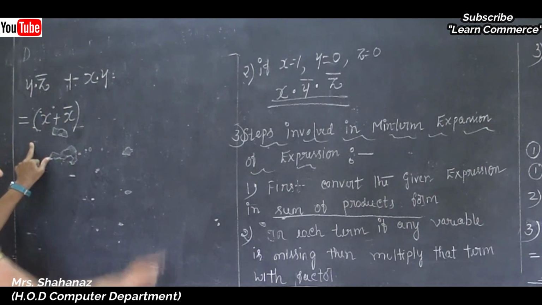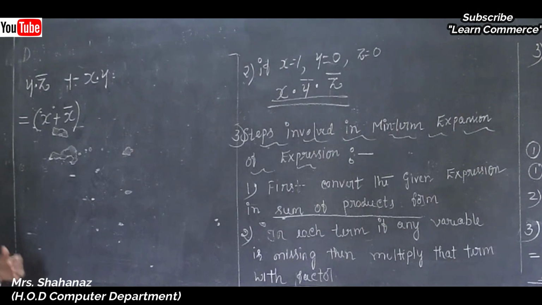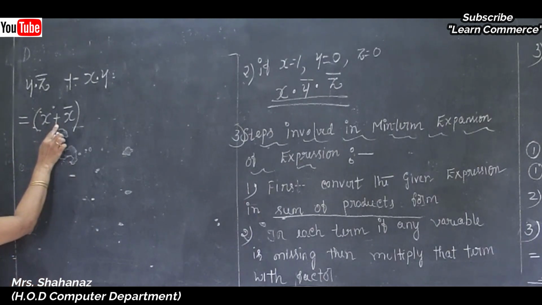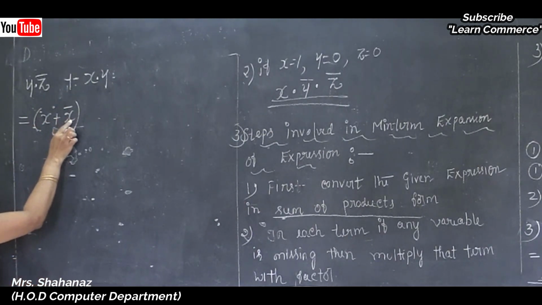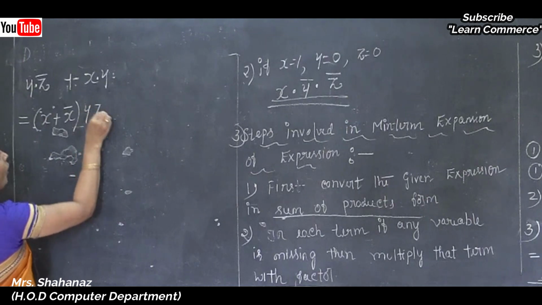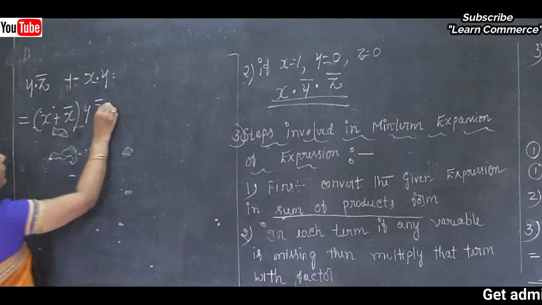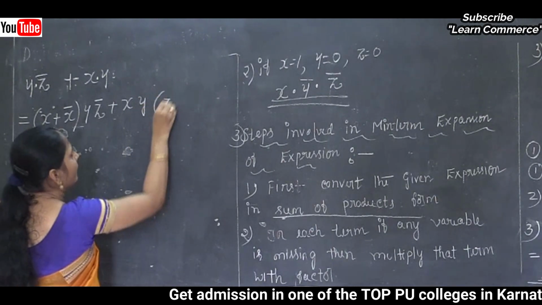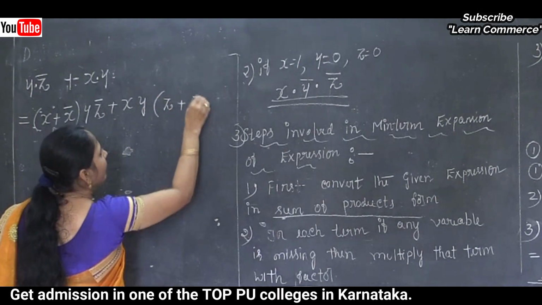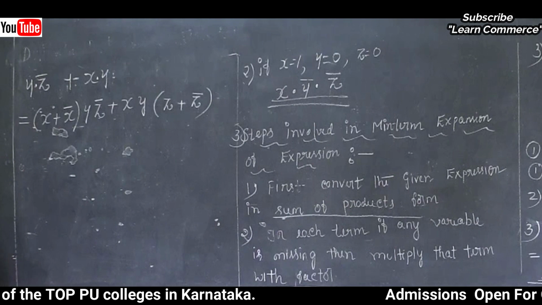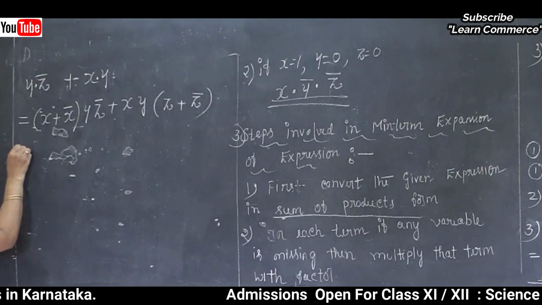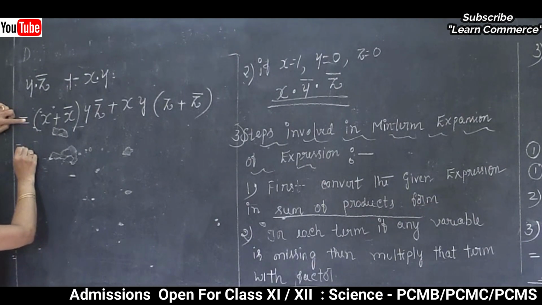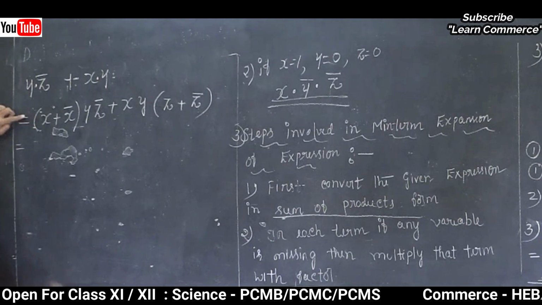Now I am using the second step. In each term, if any variable is missing, then multiply that term with the factor. So x is missing, x plus complement of x, y complement of z, plus x, y, where the missing value is z, so z plus complement of z. Now later, the next one, I am going to expand the expression. Clear this second step?